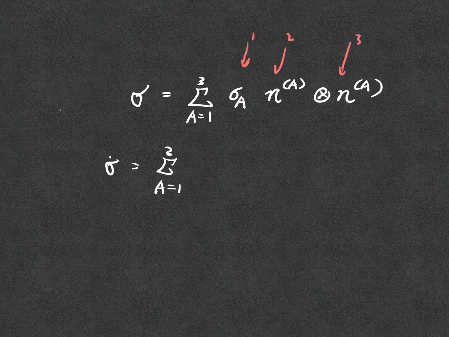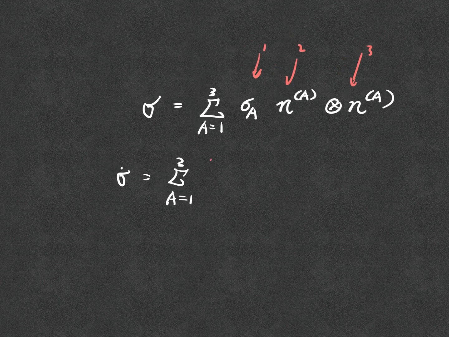So for that three term, if I apply the chain rule, what I would get is sigma a dot times n a. This corresponds to the first term. Does that make sense? This term taking a derivative.